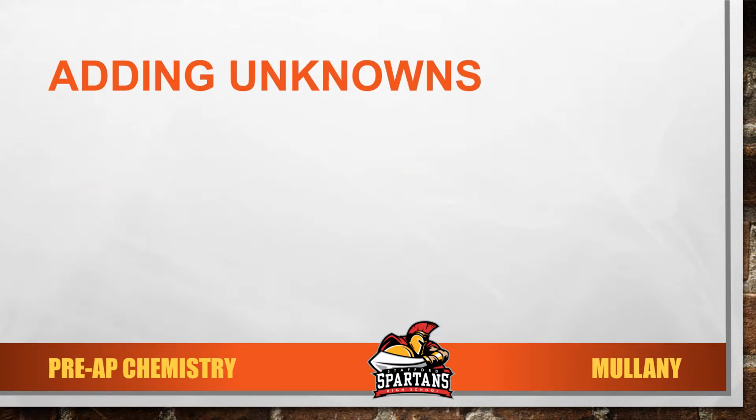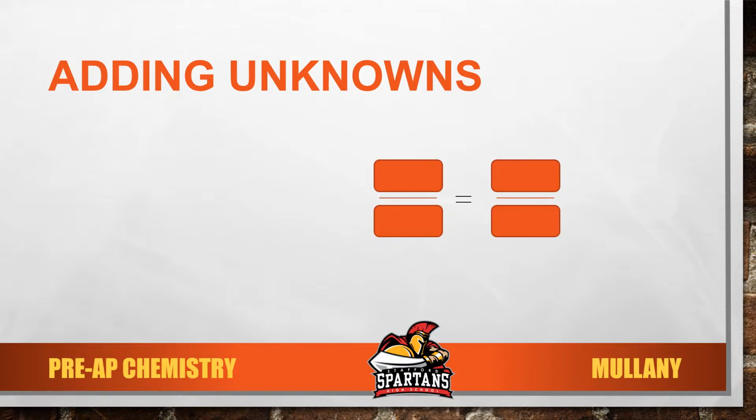All right, so adding in unknowns is the exact same idea. Here are the examples. Now we have x divided by 2 is equal to 4 over 8, or 2 is equal to 8 divided by x. So a couple things to point out real quick is that we can see that our unknown in this case is on the left, and in this case, our unknown is on the right.